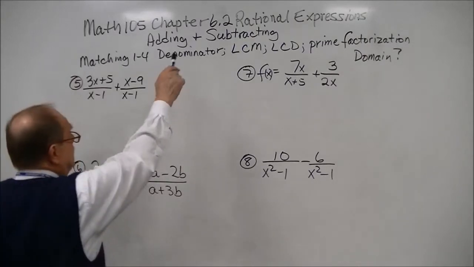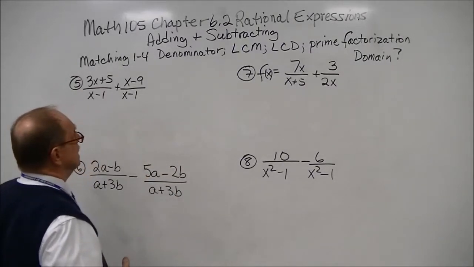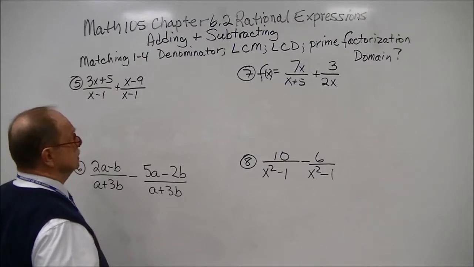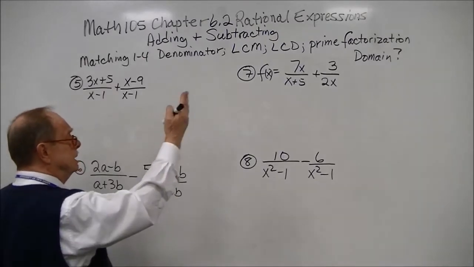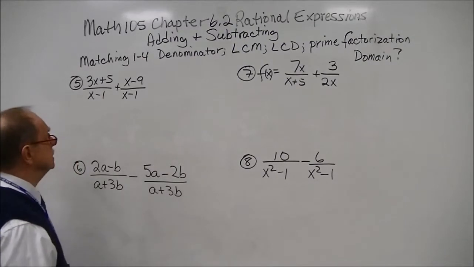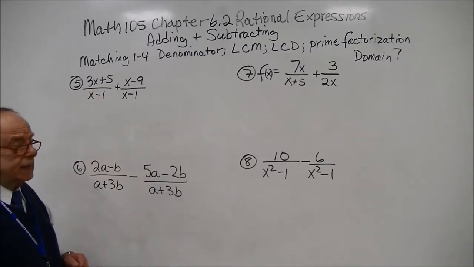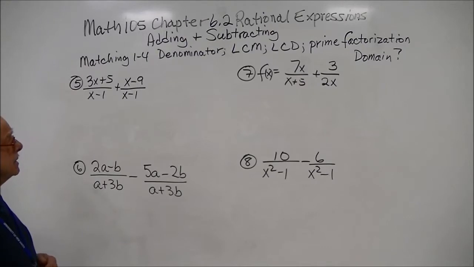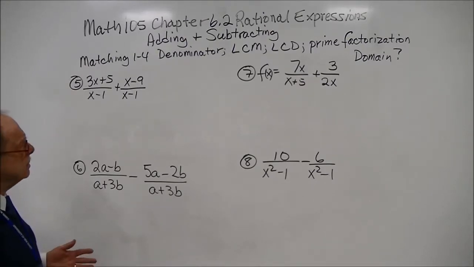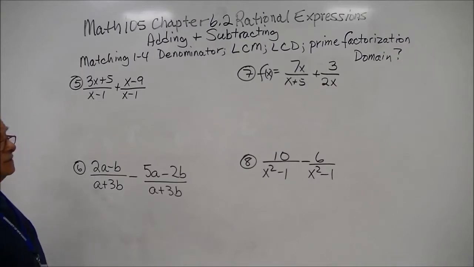All right, we're going on now to Chapter 6, Section 2. It's also dealing with rational expressions, but in this case we are adding and subtracting. And you might say, well, is that easier or harder? And the answer is it's a little bit more difficult.